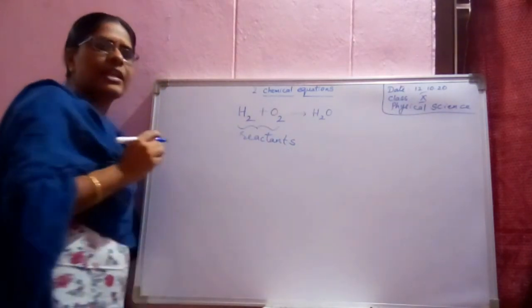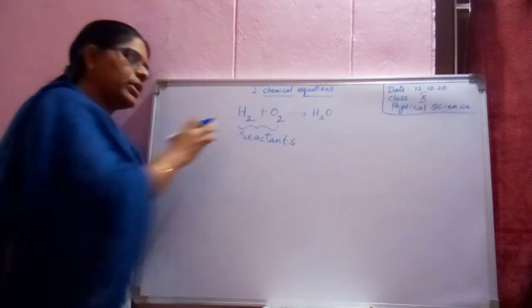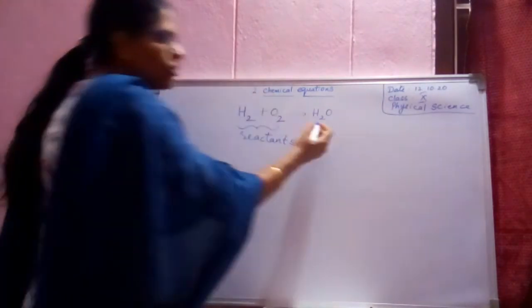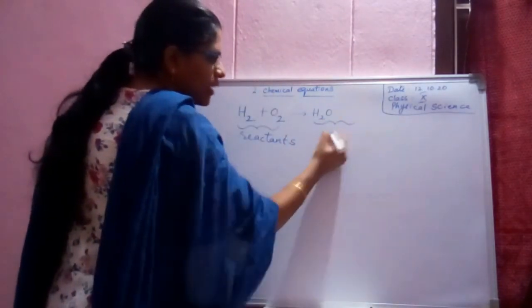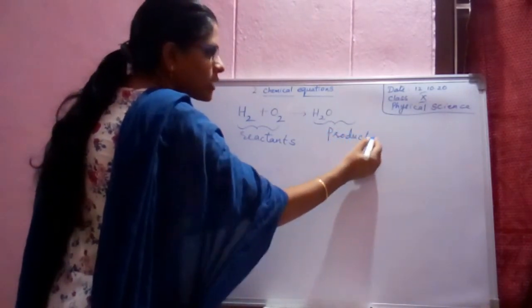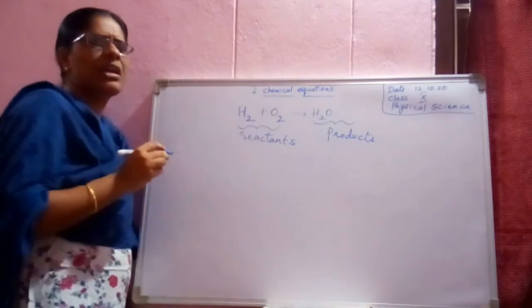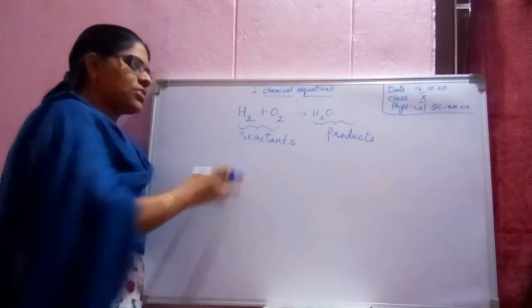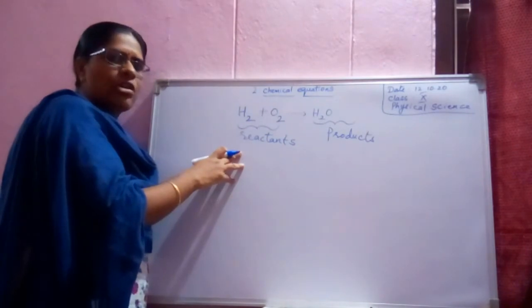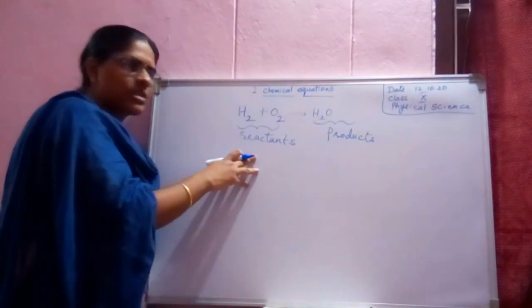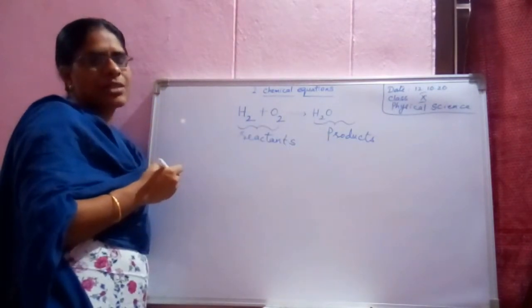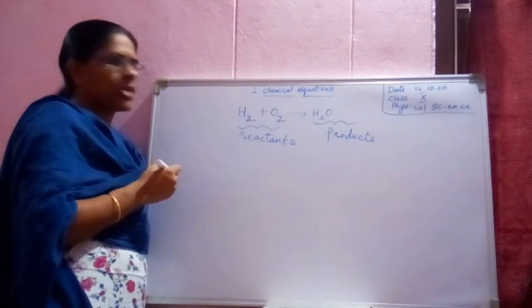In any chemical reaction, the left side of the arrow we always call reactants, and the right side of the arrow we always call products.